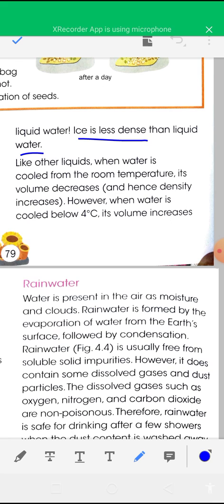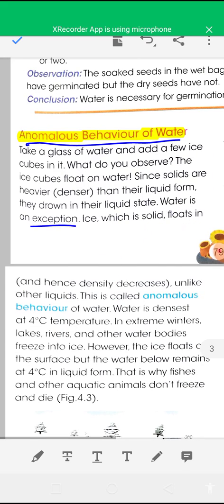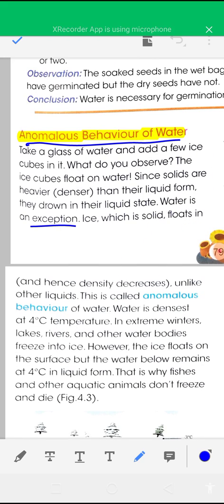Similarly, one more exceptional property of water is that when water is cooled from room temperature, its volume decreases and hence density increases. However, when water is cooled below 4 degrees Celsius, its volume increases and hence density decreases, unlike other liquids, and this is called anomalous behavior of water.